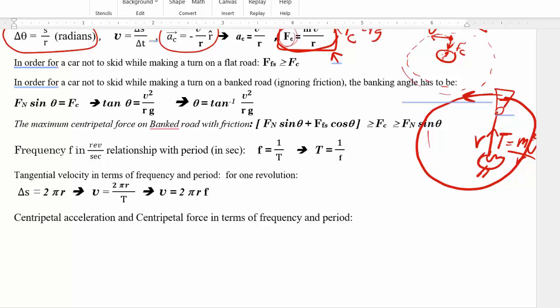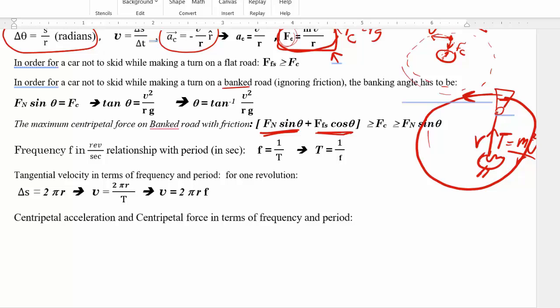Of course, in the case of the road and making turns, there is also the banked road, which gives another layer of safety that enables you to make a turn, which is the angle between the road and the center of rotation. And in the book, you'll see the derivation of the maximum centripetal force on a banked road, which incorporates both the friction part, and also the angle associated with the normal force.